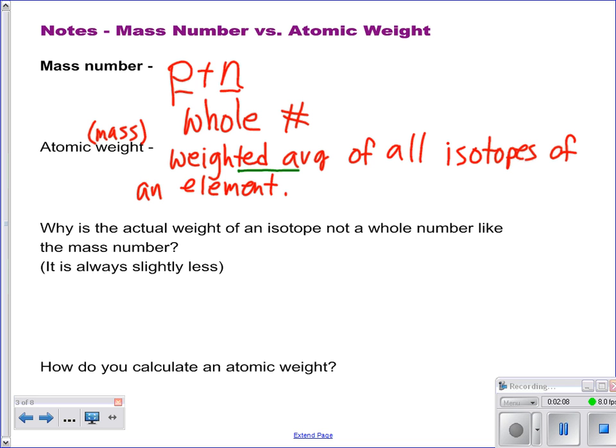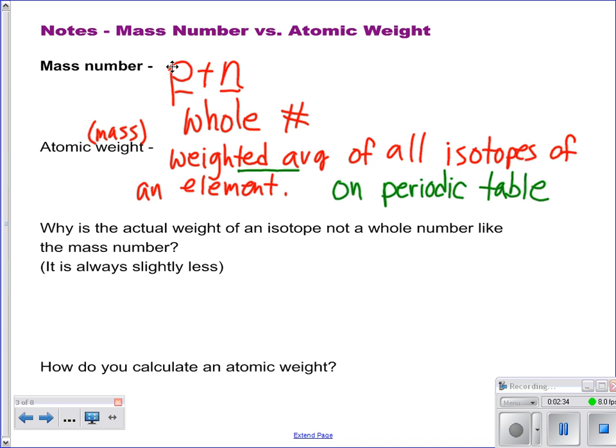Whatever you have the most isotopes of, you're going to have a greater percentage of that. So we need to know that percent abundance. And again, this is on the periodic table. It would be very rare for this to be a whole number. You would expect it to be some sort of decimal, a fraction of it.